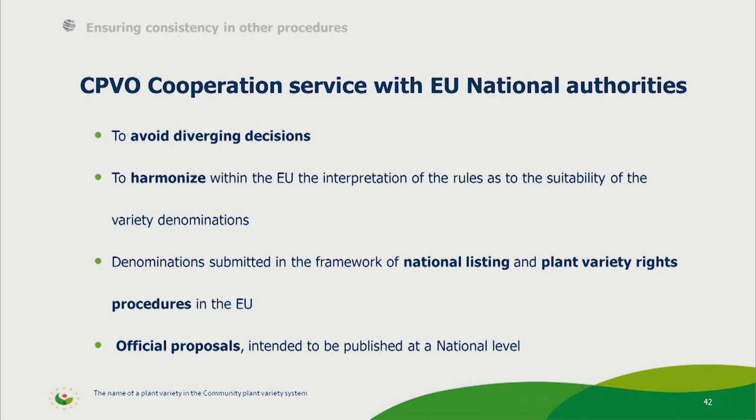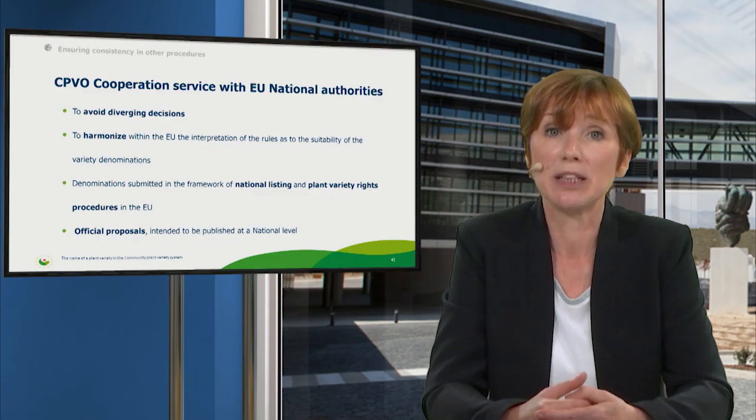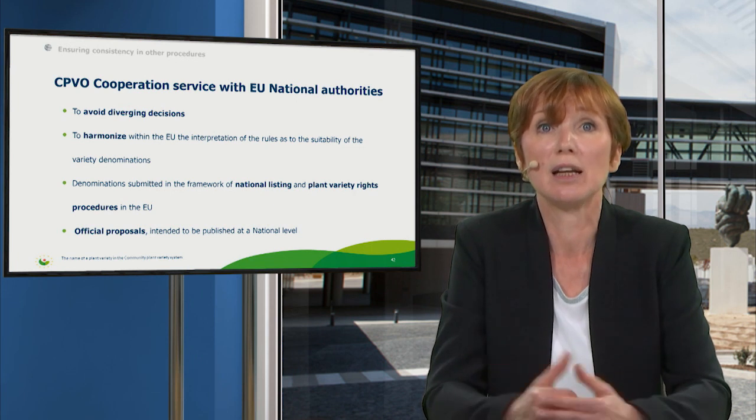This service gives member states the possibility to ask the advice of the CPVO on the suitability of the official proposal they received in the framework of a national listing of plant breeders' rights. This is an online service, and the consultation should be made before official national publication. This means that the proposed denomination enter the variety finder and appear in all subsequent tests for similarities in the database before they are published at national level.